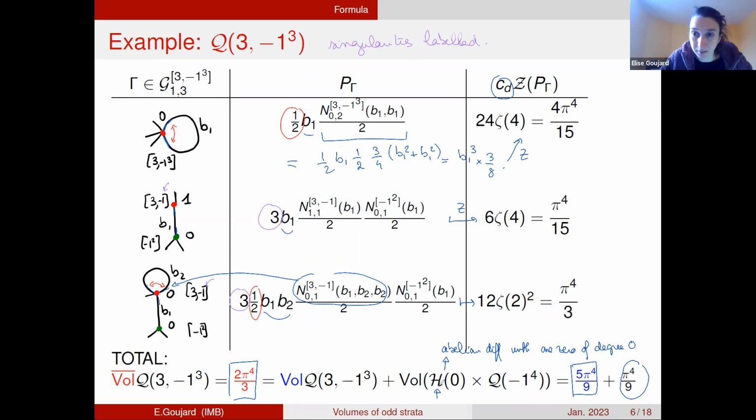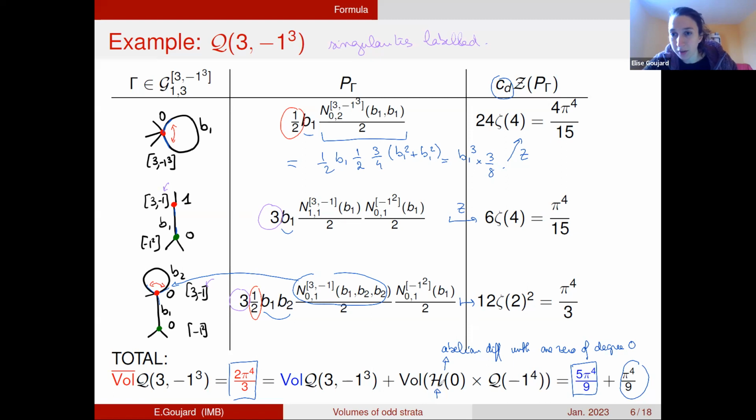Yes. What is a zero of degree 0? Sorry, I can't hear you very well. Could you repeat, please? These are abelian differentials having 1 zero of degree 0.